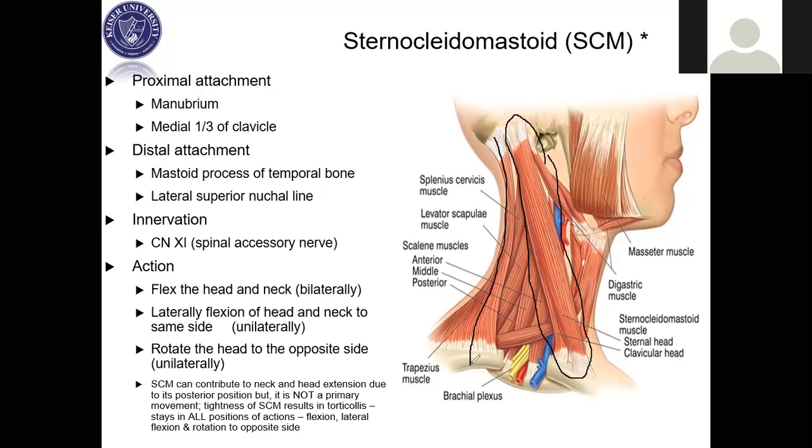It has two very important unilateral movements, and they're both very tricky, unfortunately. So when only one sternocleidomastoid works, one way it works is it laterally flexes the head to the same side, to the ipsilateral side, which means if only my left sternocleidomastoid is working, it performs lateral flexion to the left.